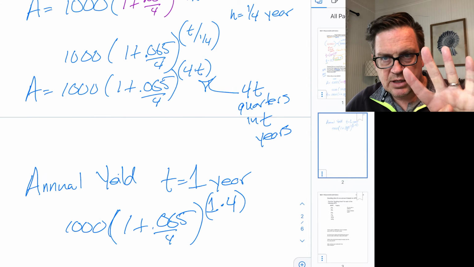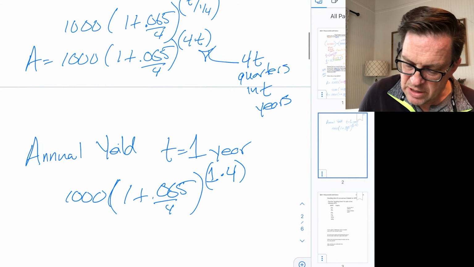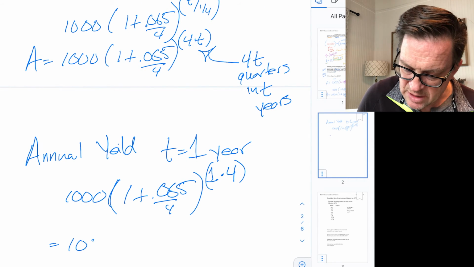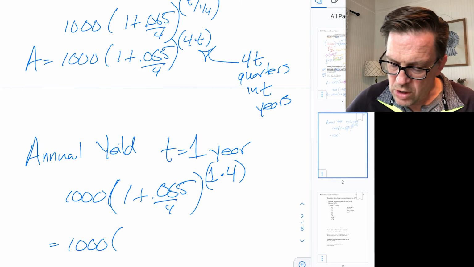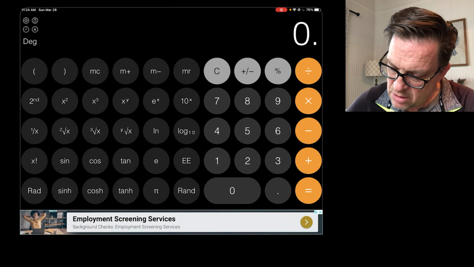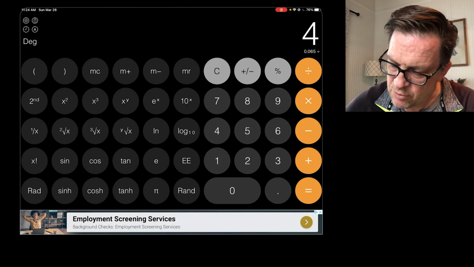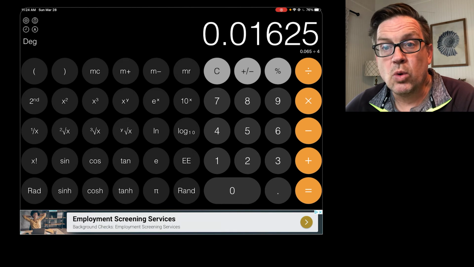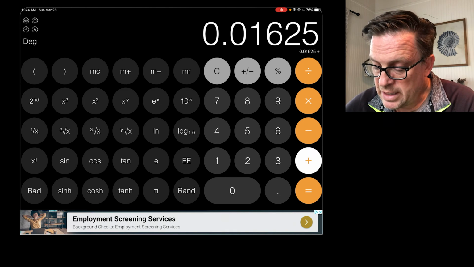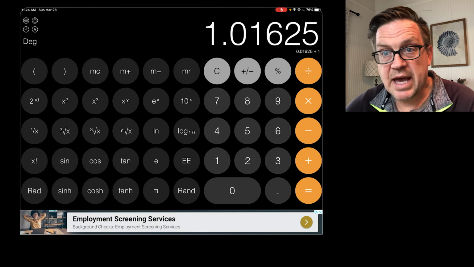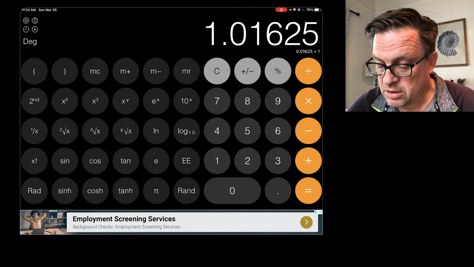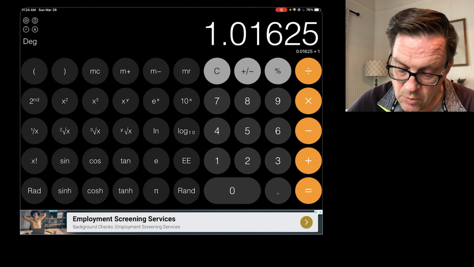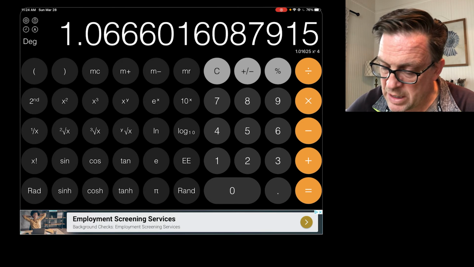In 1 year, I calculate interest 4 times. So I'm going to get that. And what does my calculator tell me that is? 1 plus 0.065 divided by 4 is 0.01625. Then I add my 1, and that is my periodic growth factor. And then I want to raise that to the 4th power.